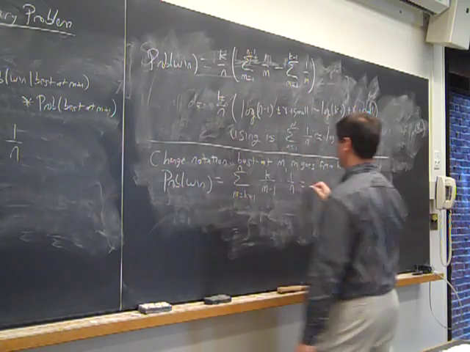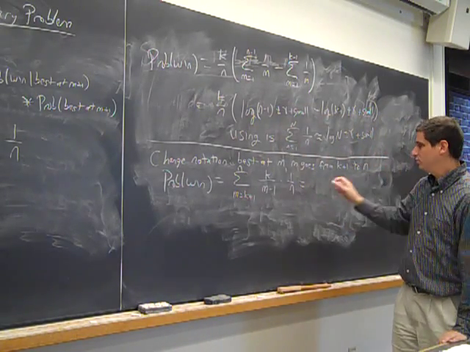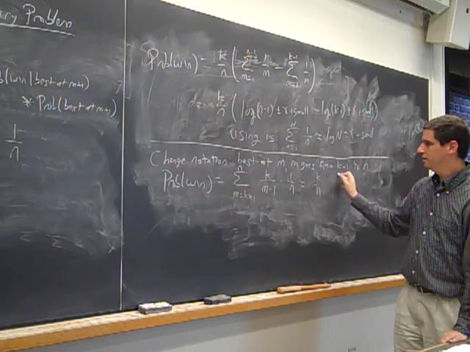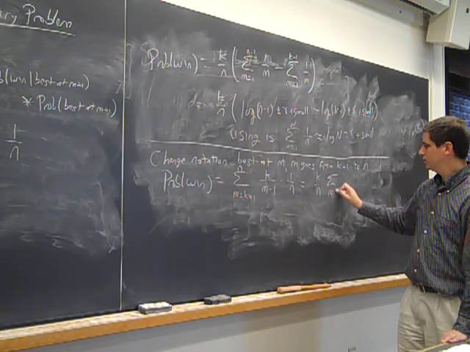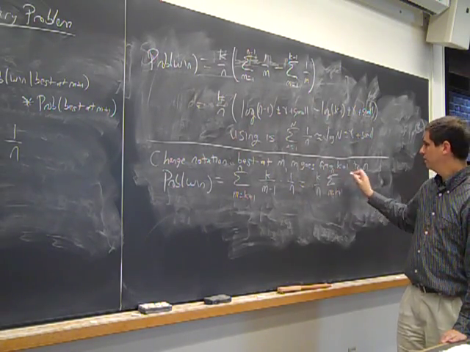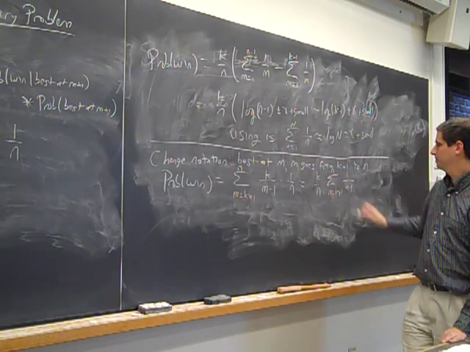Times 1 over N. And so if we do that, we'll get K over N, and then we'll have a sum. M goes from K plus 1 to N of 1 over M minus 1.